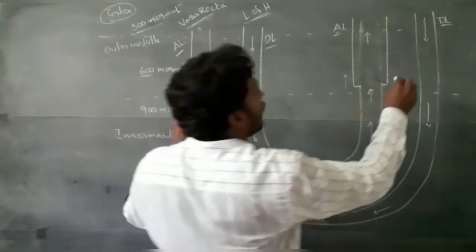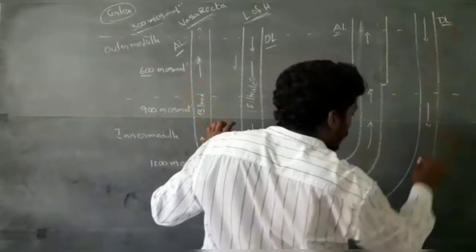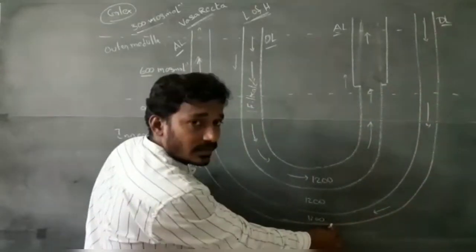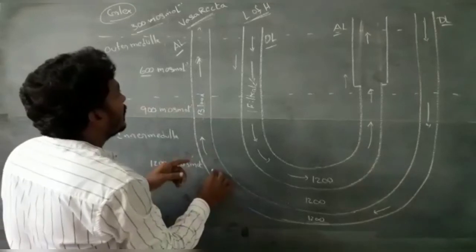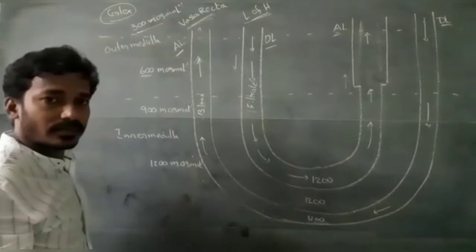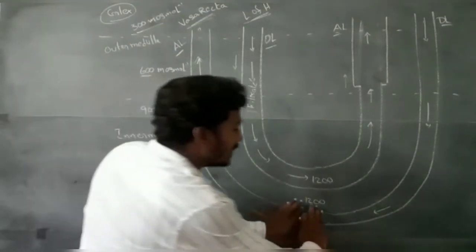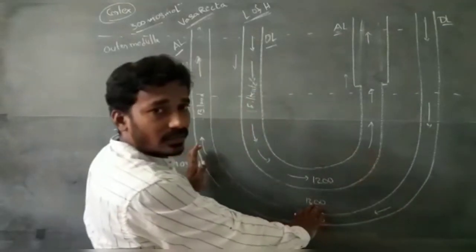The flow of blood in the descending limb of the vasa recta is towards the medulla, and the flow of blood in the ascending limb of the vasa recta is towards the cortex. The flow of blood in the two limbs of the vasa recta is in opposite directions.